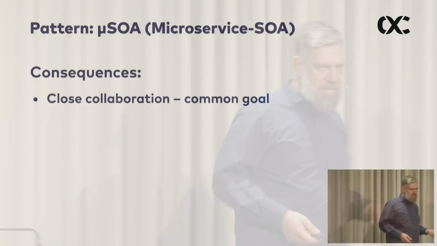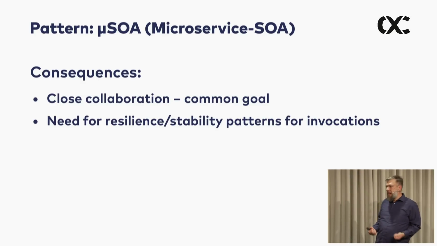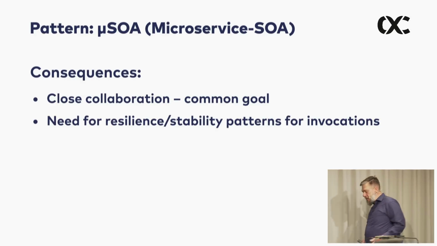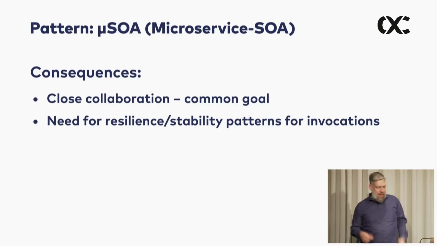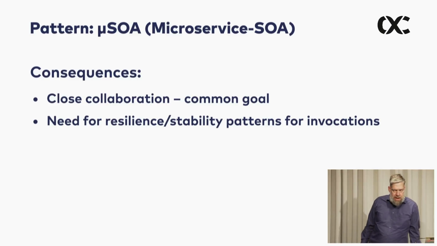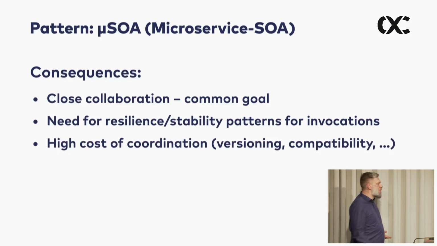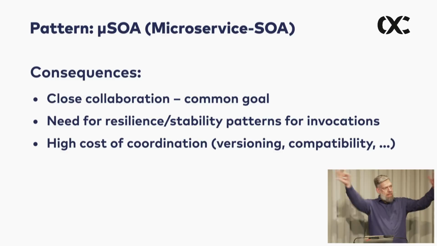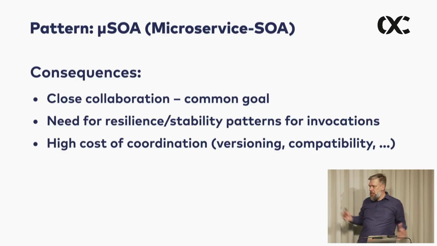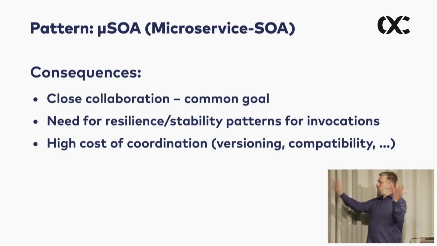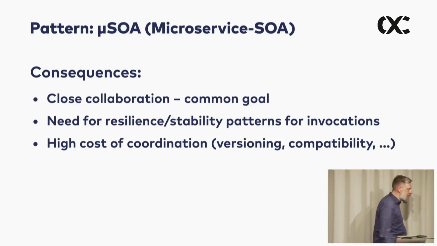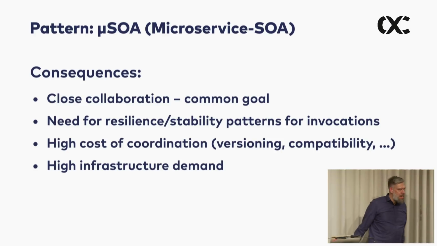But because you now have services that call services, you need to deal with the complexity and with the risk to stability, which is why you introduce fancy patterns or resilience patterns to address all of this. You also have wonderful problems regarding versioning and compatibility, because you have this network of complex services all calling each other, and if you multiply that with all of the versions you have to keep in existence, it makes it a really complex thing, which leads to a superbly high infrastructure demand.